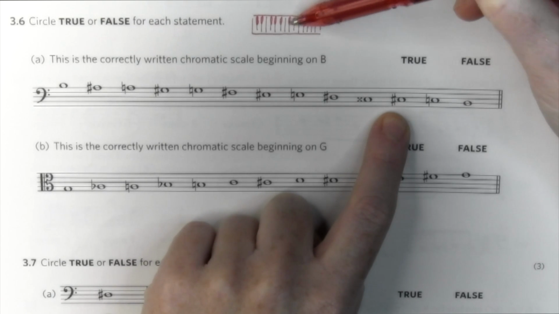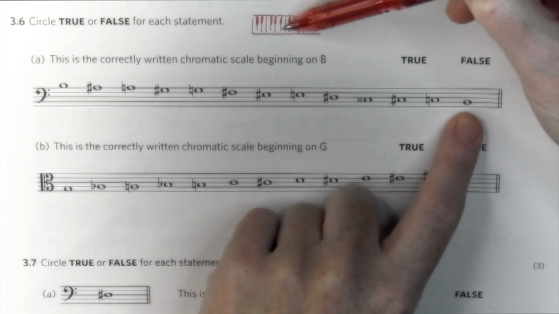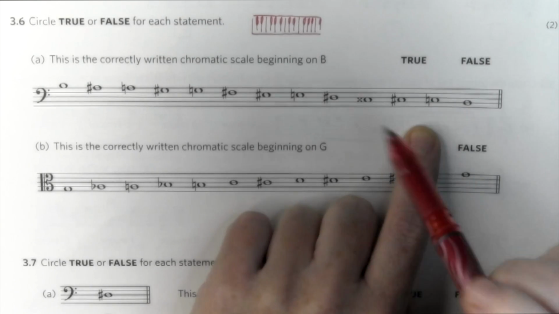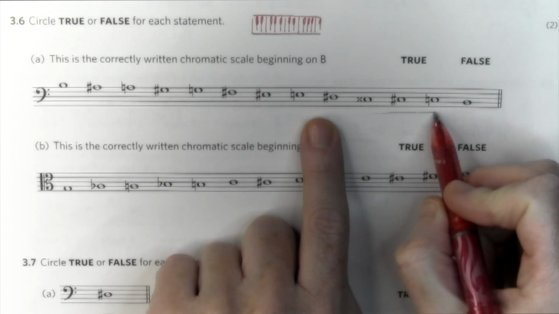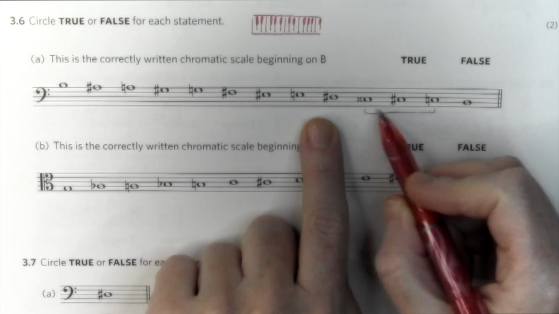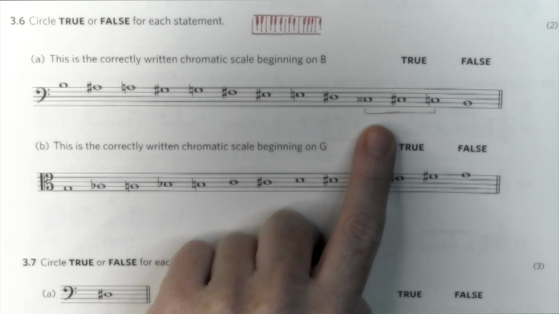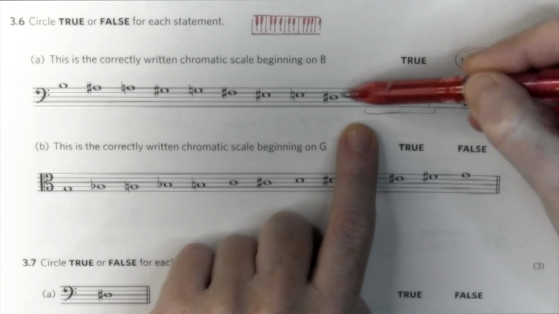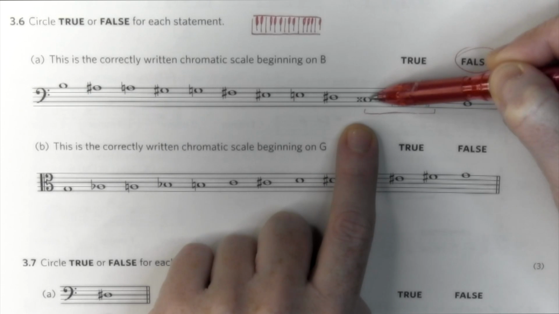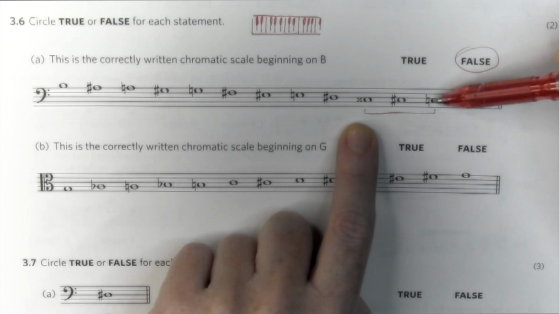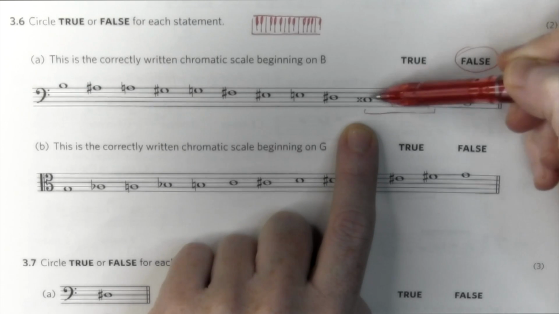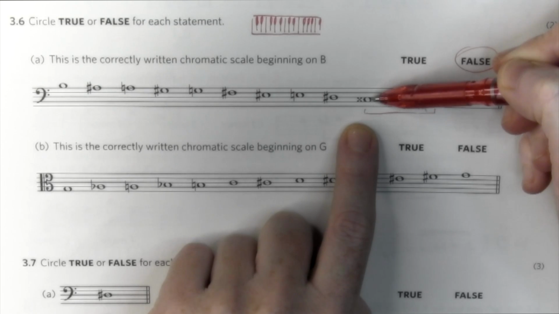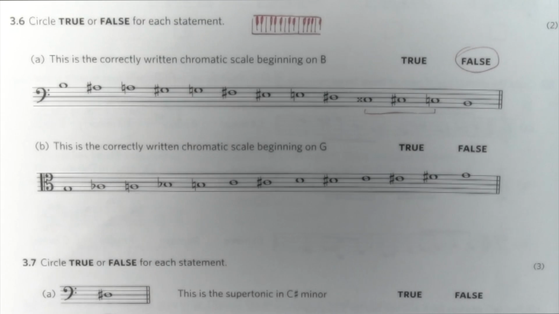Do sharp, Do natural, and B. Okay, this is a trick. We can't have 3 notes of the same name in a row. So false. This is incorrect. One of them should be written as either this is a B sharp or this is a D natural. So it's incorrect. Yeah.